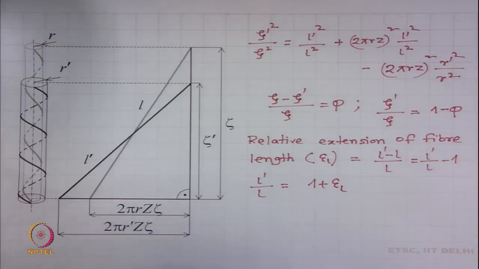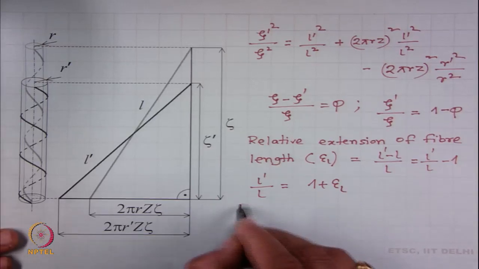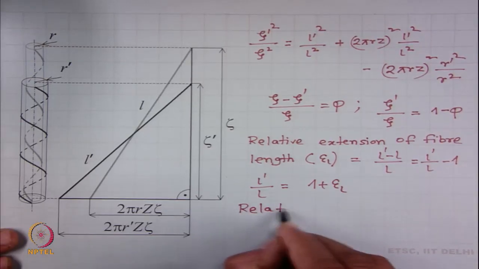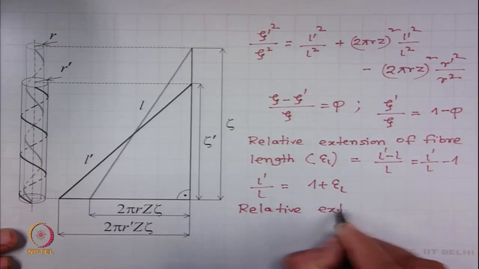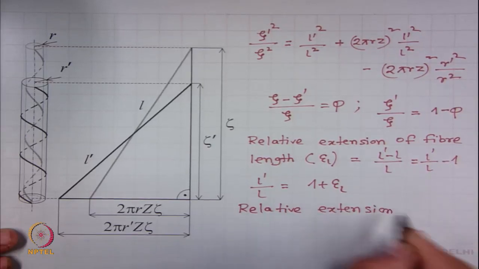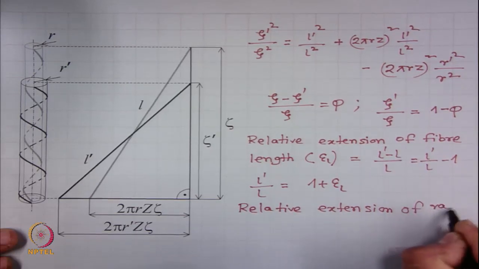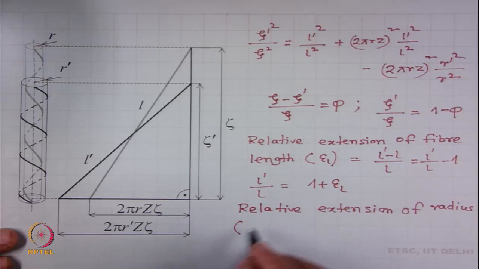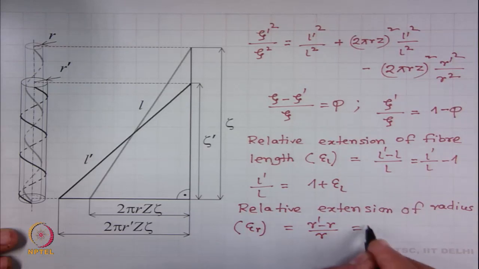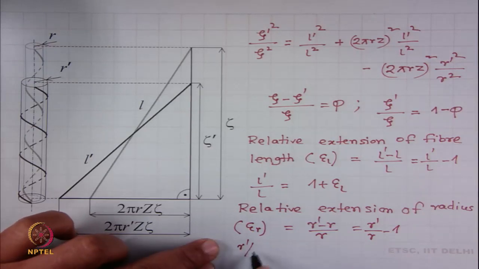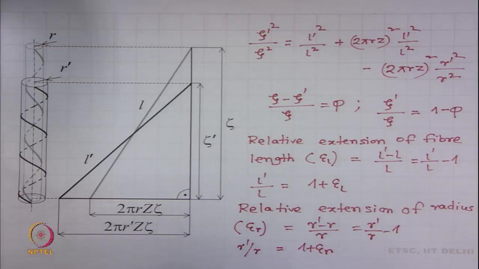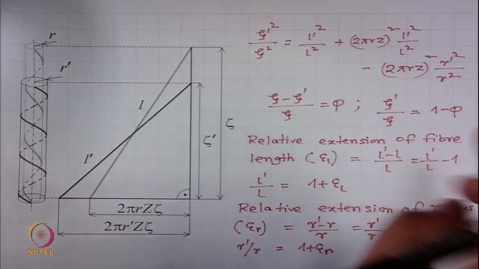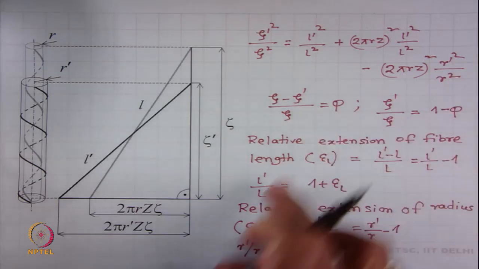We also introduce another quantity here, that is relative extension of radius, epsilon r, change in radius by original radius. So, we can write plus this. Now, these three expressions we substitute here.